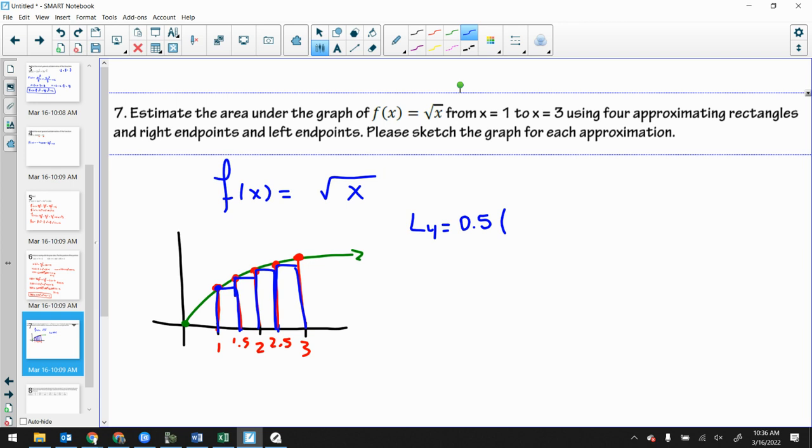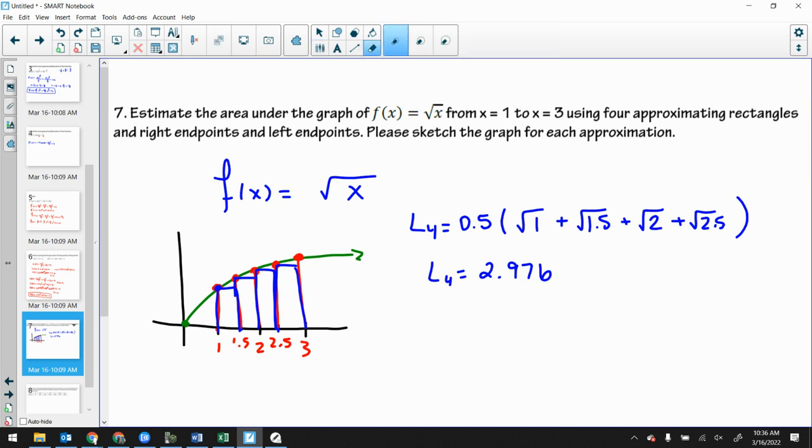So the y values are the square root of 1, the square root of 1.5, the square root of 2, the square root of 2.5. Am I going to use the square root of 3? No, because none of my heights are the square root of 3. Okay, so I'm going to just cheat and say 2.976. That's L4. Oh, that's R. I lied. I looked at the wrong one. 2.610. Is that better?